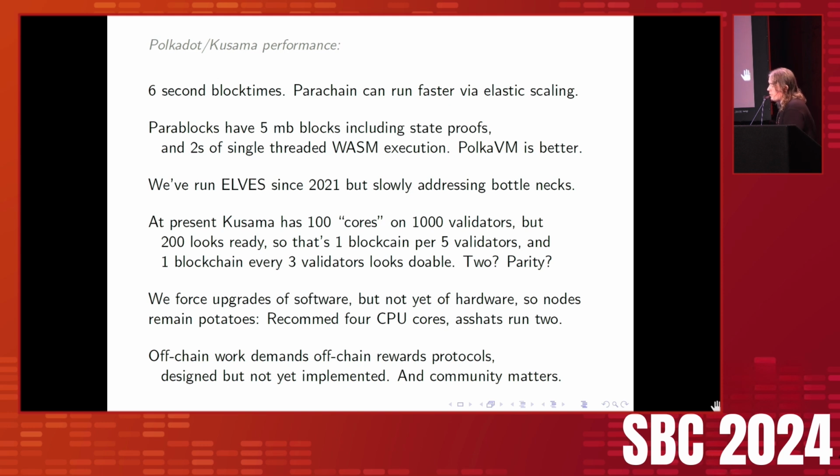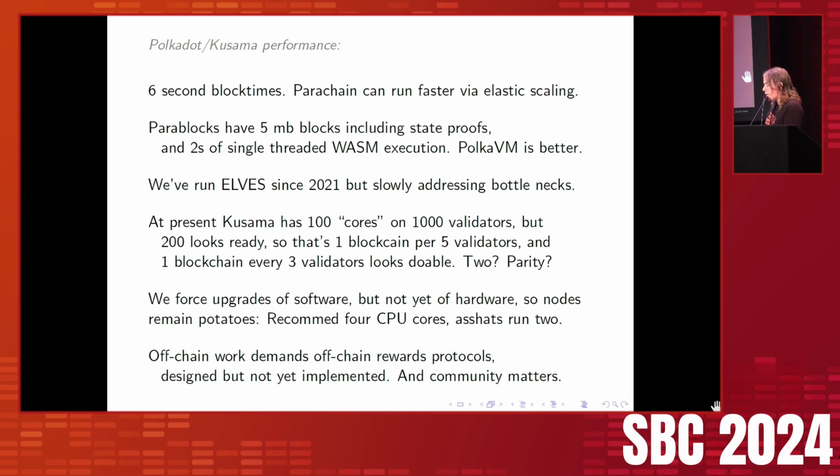All right, so what about the real performance? We're running something like 6-second block times on the relay chain. Parachains can run faster via what's called elastic scaling. This means the parachain can make blocks in multiple core slots of the relay chain, and the relay chain will just check that they chain together.